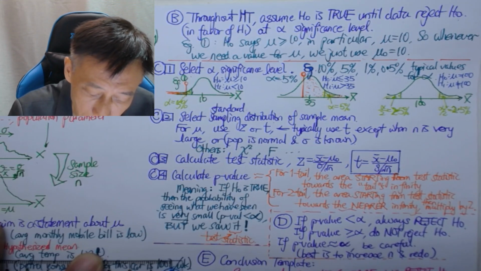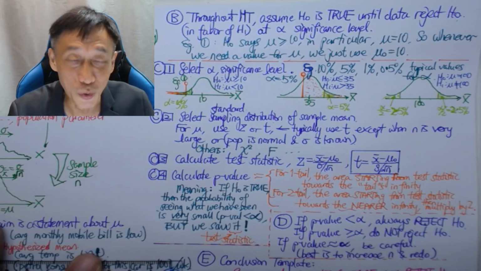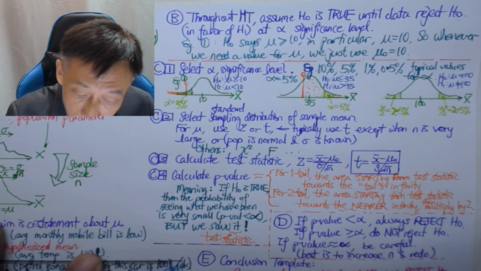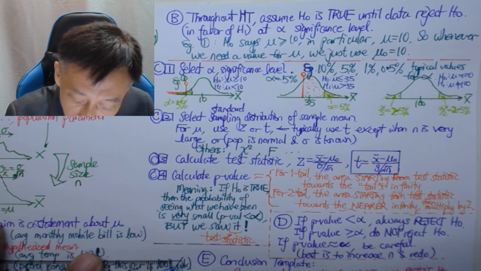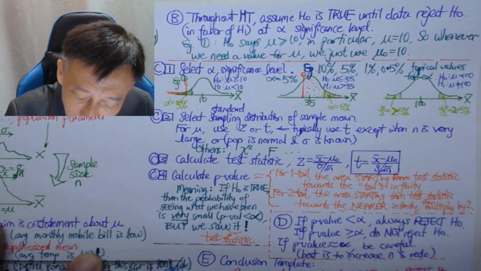So you want to write something in English prose, a more friendly form. But important thing, at alpha equals 5% or 5% significance level. So this is the template.